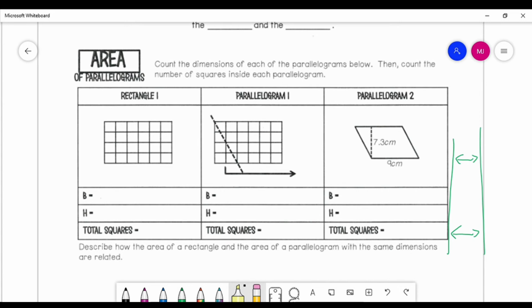Base. So if we're talking base, how many units is the base here? 6. And we're talking height. How high is it? 4. And so how many total squares? 24.